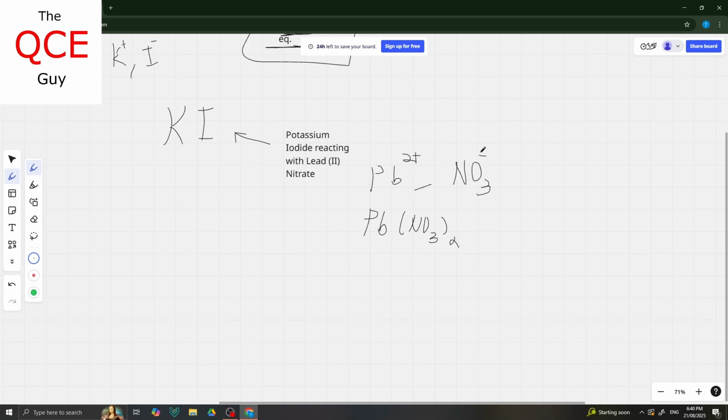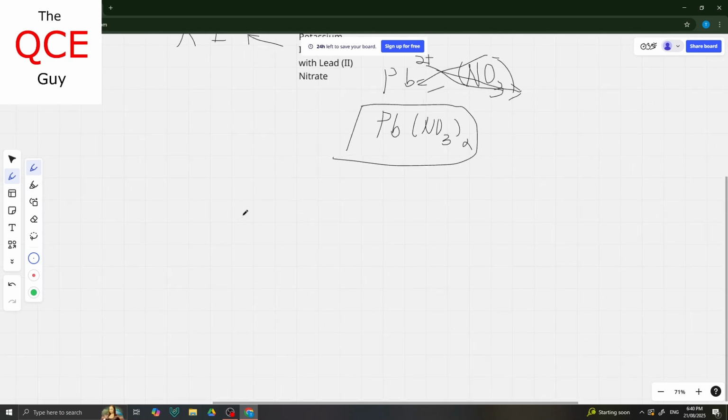The way we can get this is called the cross method, if you want to try it, where you bring that number down, and same over here, but that's going to be in a whole bracket. So lead's going to keep 1, nitrate's going to get 2. Cool. We now have our two things.